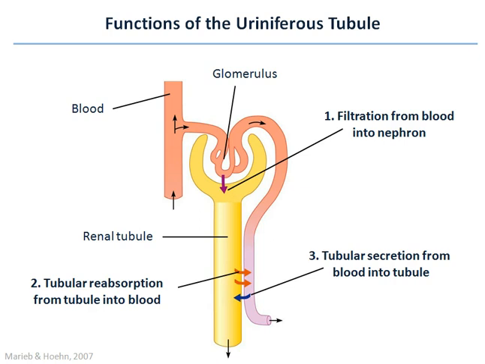So 3 key things are occurring. The blood is being filtered, useful materials are being then reabsorbed from that filtrate and put back into the bloodstream, and additional waste products and potentially toxic elements are also being added to the tubule as the urine formation occurs. Filtration, reabsorption and tubular secretion, the 3 key roles of the Uriniferous tubules.